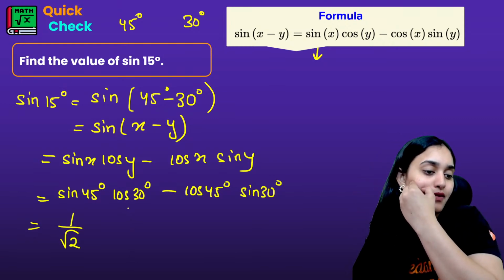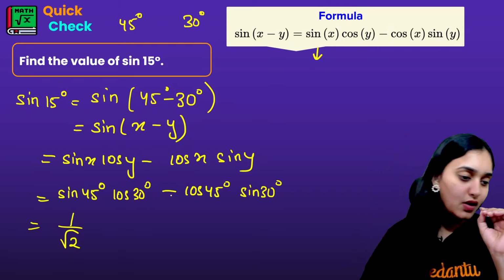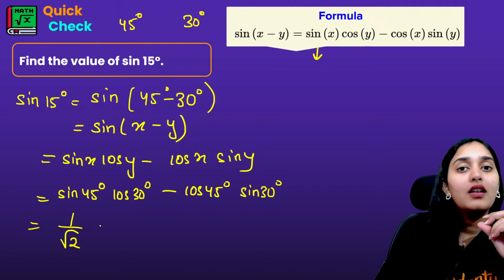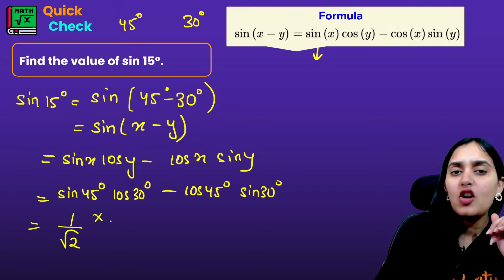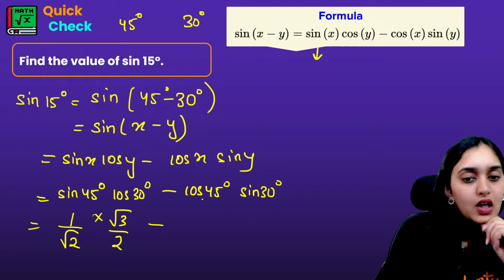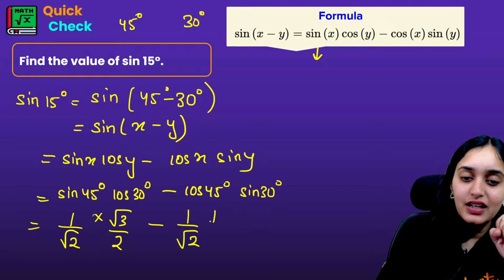Come on, tell me what is cos 30 degree. Who's going to tell me? No one. Cos 30 degree is root 3 by 2. Cos 45 is 1 by root 2. Sin 30 degree is 1 by 2.